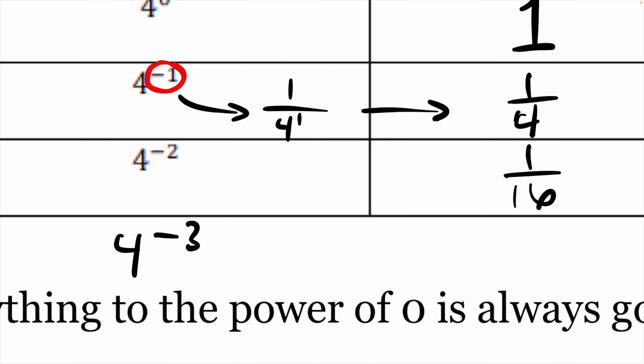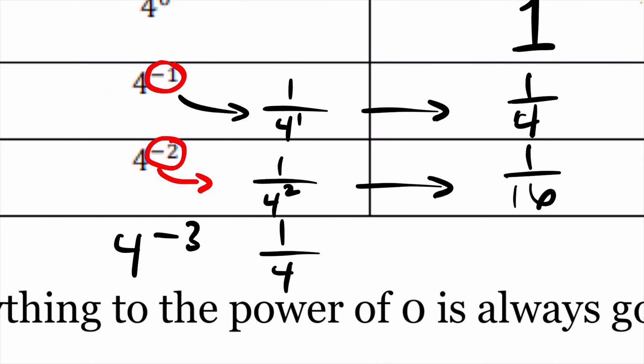That's how I get that. Same thing with this guy. Move it to the bottom. The power becomes positive now. 4 squared, 16. So what would this guy be? What would 4 to the negative 3 be? 1 over 64, right?